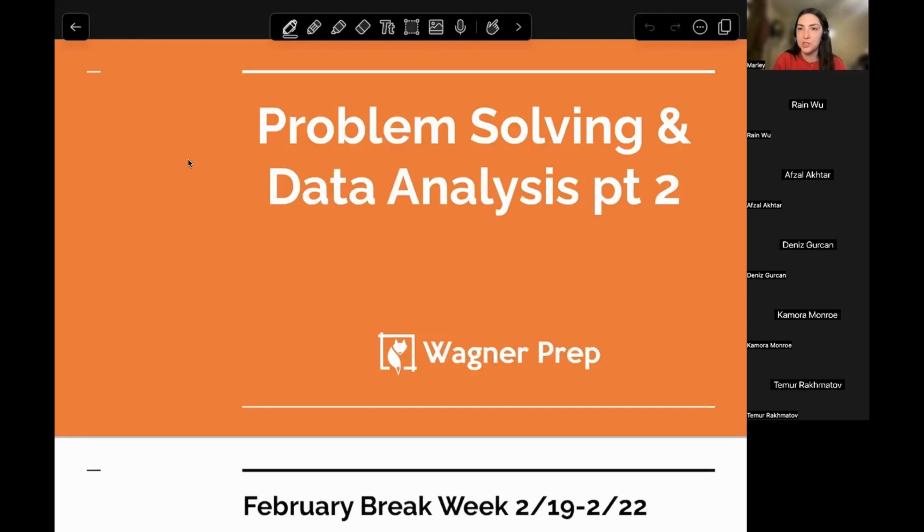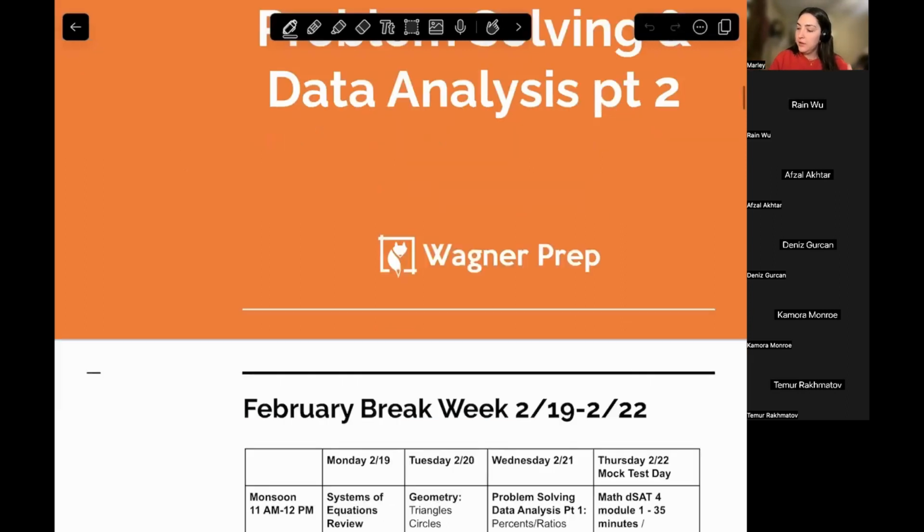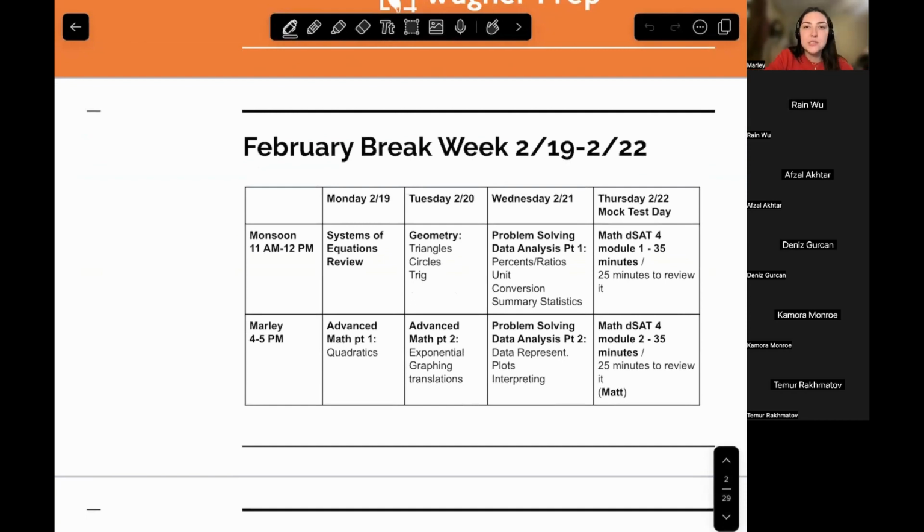It's kind of similar to geometry in a sense, but both this and geometry have so many different topics that they could choose to put on the test, which is why it's so important to go through all of the topics that have to do with problem solving data analysis and geometry. So even though it's not a lot of questions on the test, it could be a wide variety of what they're asking you.